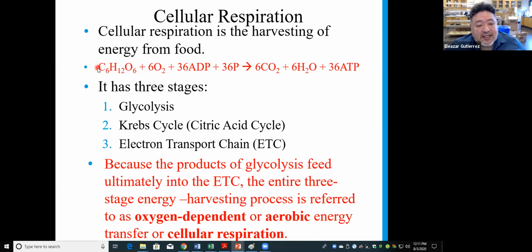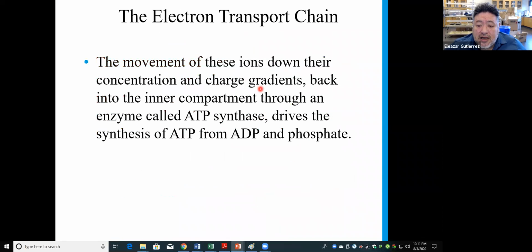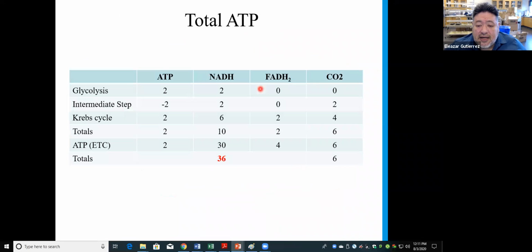So if you have 6 carbons coming in, you have to have 6 carbons going out. This is what's called a balanced chemical equation. And the math shows us that we did a good job. Carbons in, 6, equals carbons out, which is 6. Cool, huh?